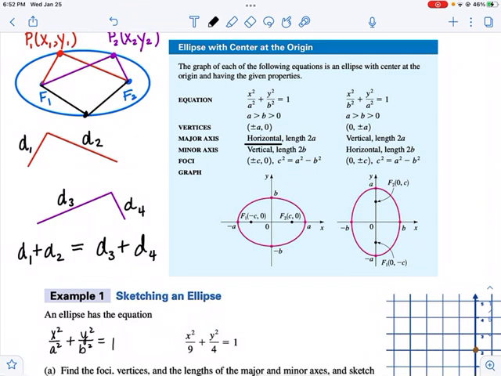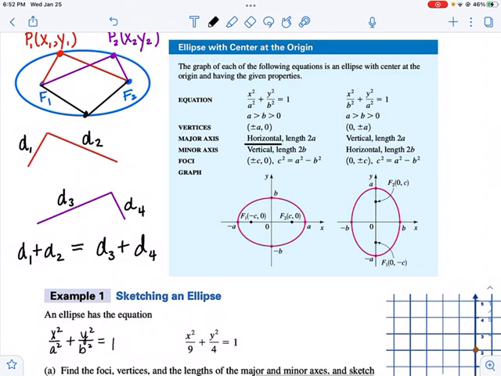You can see the diagram down below. The major axis is the longer axis. The vertices are on the endpoints, plus or minus a, 0. The vertical length is going to be 2b, so your b comes into play there for the minor axis that has a length of 2b. And then we get the foci by c squared is equal to a squared minus b squared.